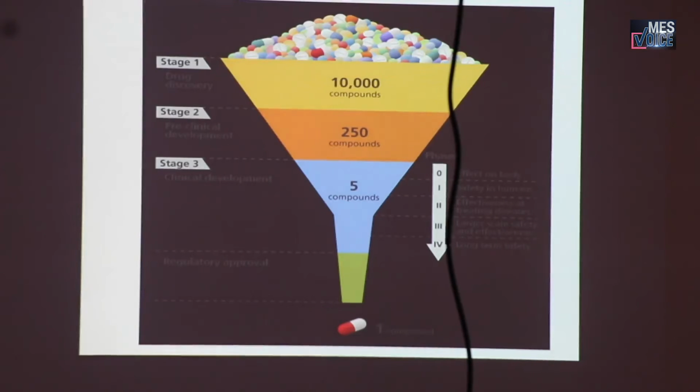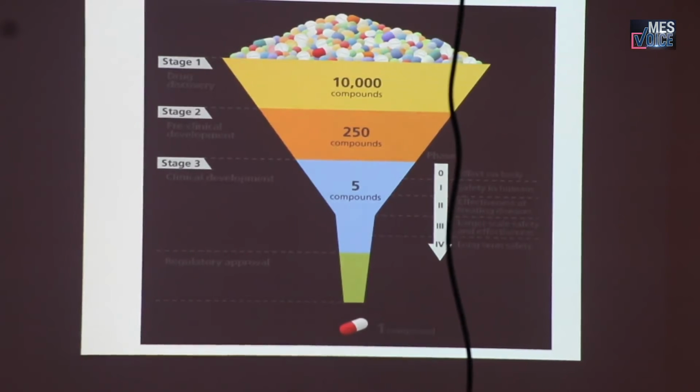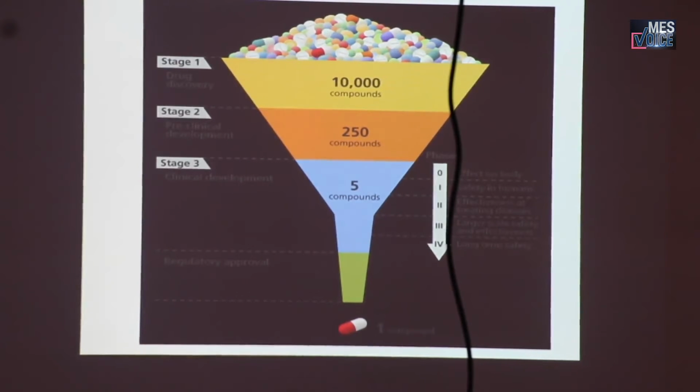This is a representation of finding a drug in different stages. The first stage is drug discovery. The second stage is preclinical development, and the third is clinical development. Then regulatory approval. Then it goes to the market.